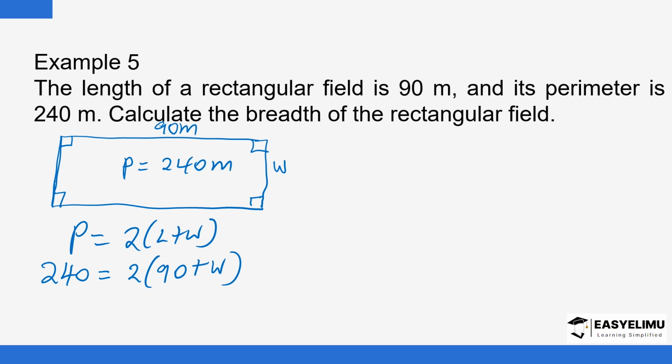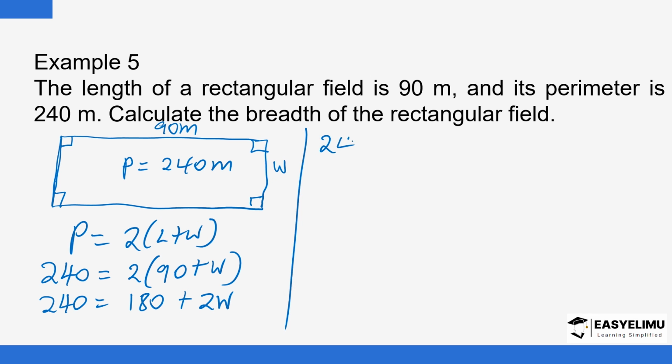One of the ways of solving this is to divide both sides by 2 first, or you can open the bracket. Possibly it's relatively easier to open the bracket first. So we have 240 equal to 180, that is 2 by 90, plus 2W. So 180 can move to the other side.